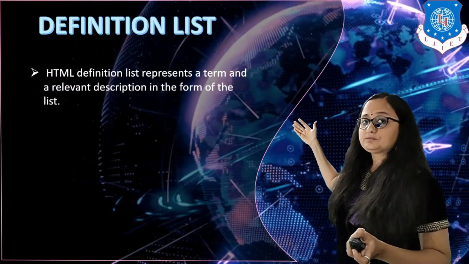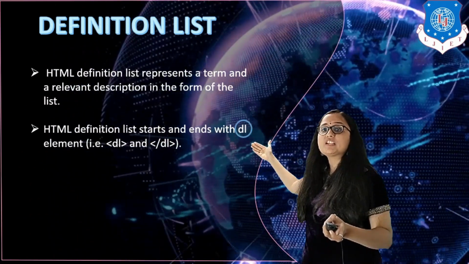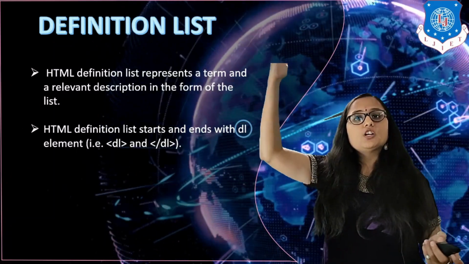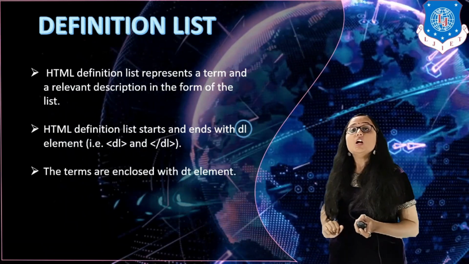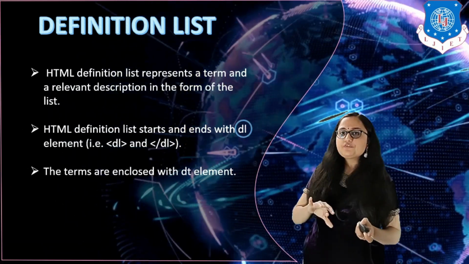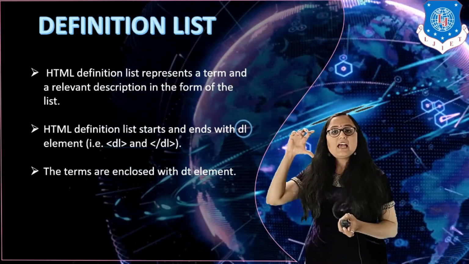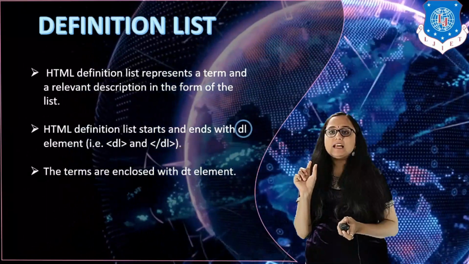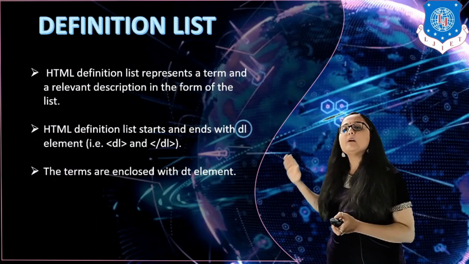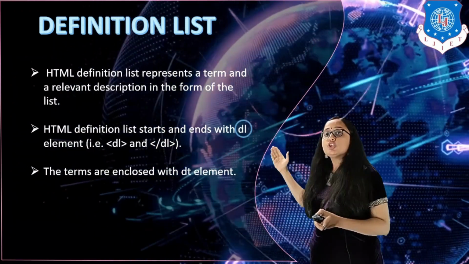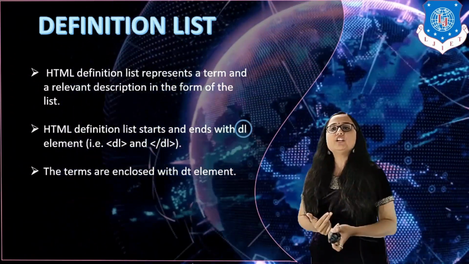And the basic syntax for the definition list consists of which tag? DL. Again, it is derived from the two words definition list, that is, DL is the parent tag. Now it is a little bit different from ordered list and unordered list, because in those we had one parent tag and one child tag, that is, OL or UL was the parent tag and LI was the child tag. But in a definition list, you have one parent tag, but inside this parent tag we have two different child tags.